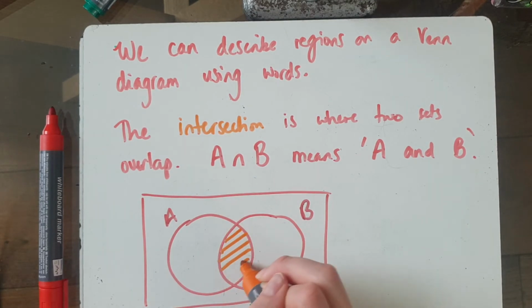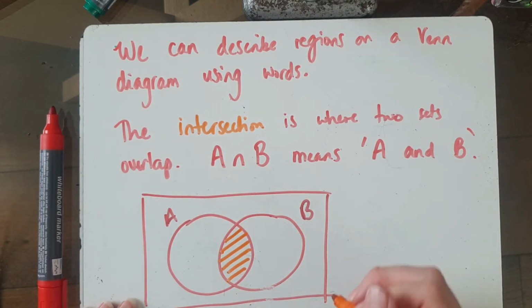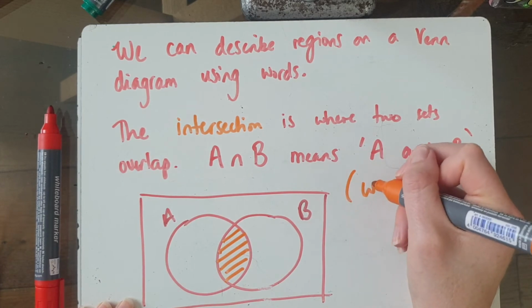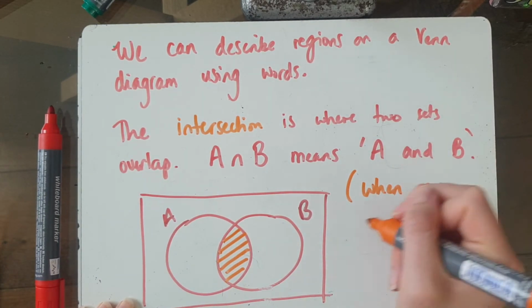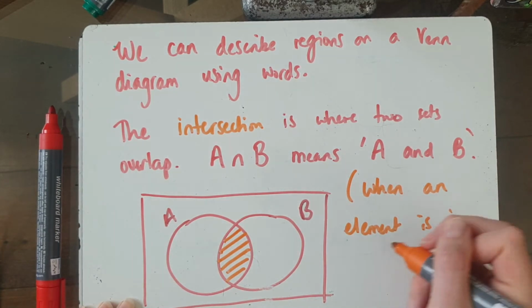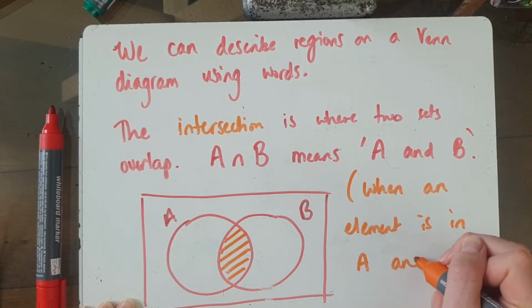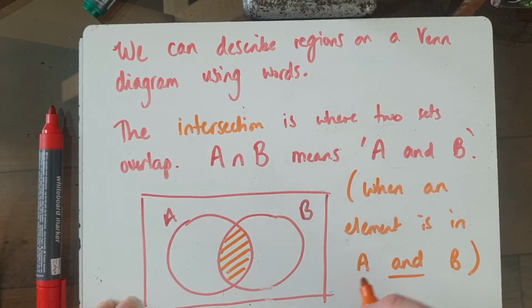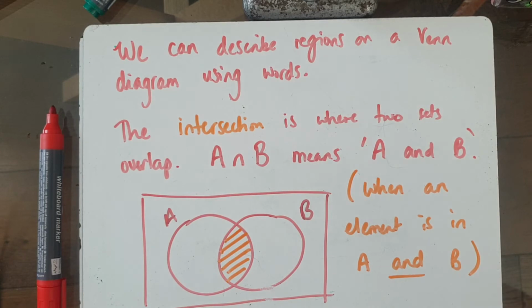So it's when an element is in A and B. So it doesn't mean in A or B, it means it has to be in both of them. So that is the intersection. Pause the video and copy that down, please.